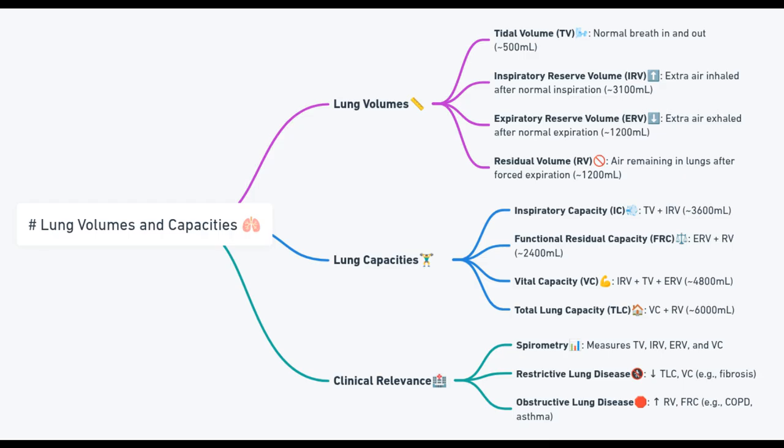With breath holding times of more than 25 seconds, the vital capacity is greater than 3.5 liters. From 15 to 25 seconds, the vital capacity is about 2.5 to 3.5 liters. And below 15 seconds, the vital capacity will be less than 2.5 liters.